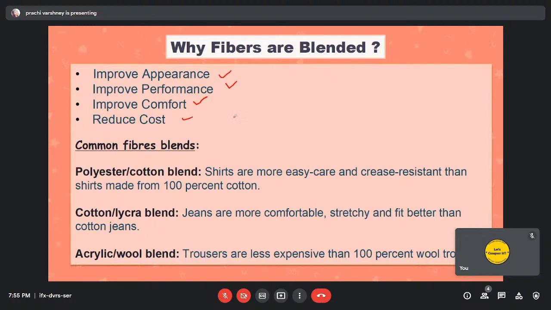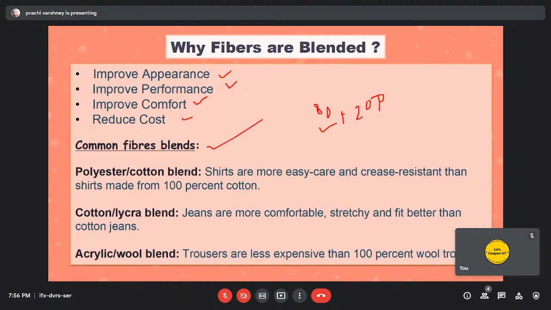For example, if I want to use cotton fabric with a higher ratio of cotton, like 80%, but I don't want the fabric to be so absorbent, because cotton absorbs a lot of water, then I will add 20% polyester. That can be the ratio depending upon the purpose I want. That also improves performance, improves comfort, and reduces cost. So let's take an example of commonly blended fibers.